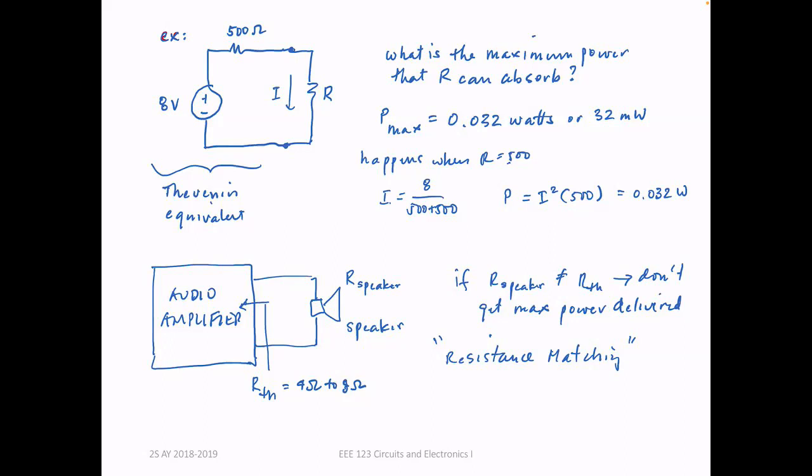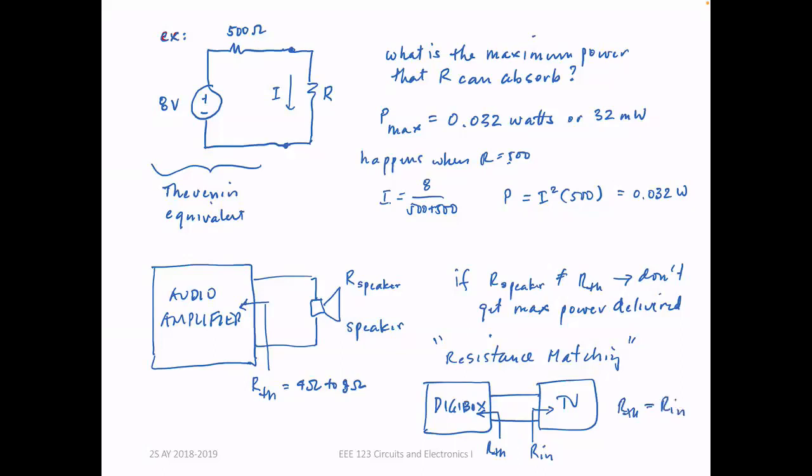So that from the Digibox to your TV, you get maximum power transfer. So you have a Digibox, you have a TV. This has an R_TH. This also has an input resistance. For maximum power, they should match.